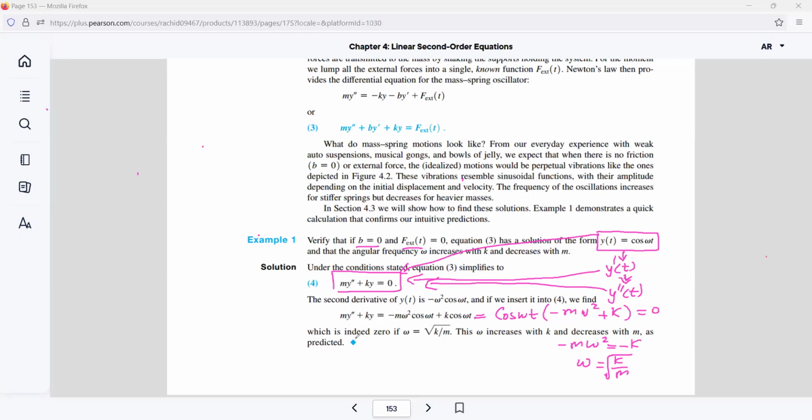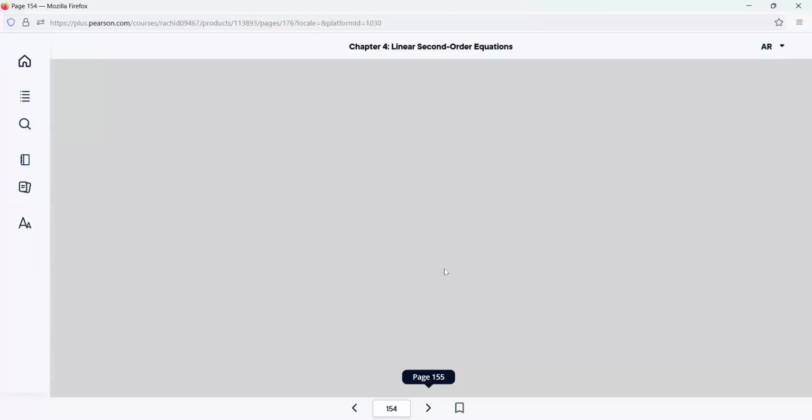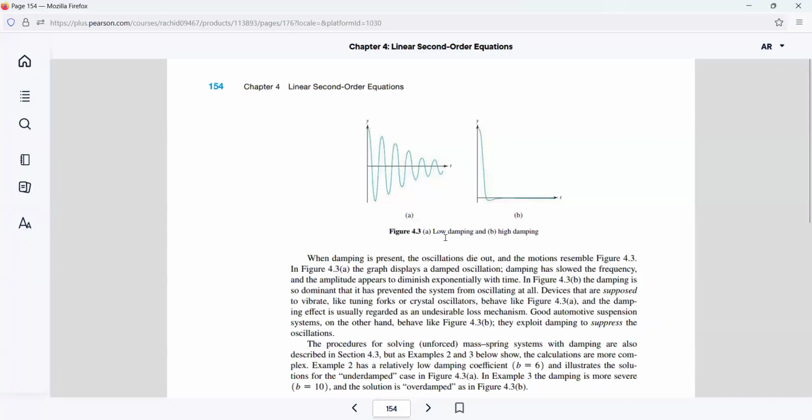Then we take a square root, taking the positive value. As you see, it does increase with stiffness and decreases with the mass, just as expected in the previous figure. All right, so let's keep going. We've done that process.